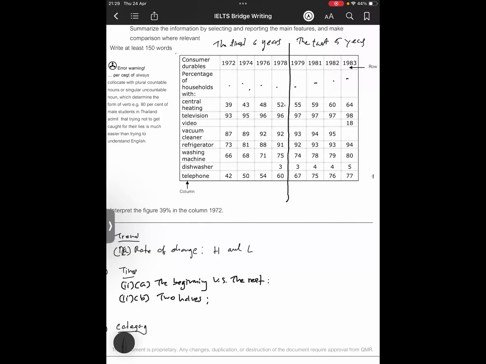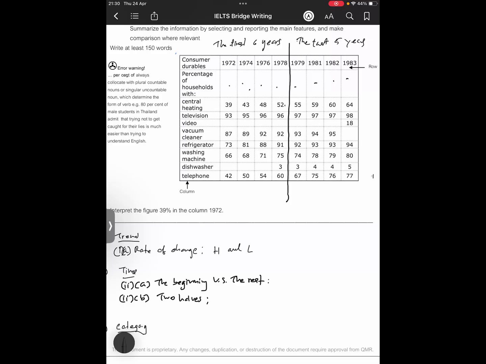All right, and then we can say that telephone and central heating were not that popular. But we can also talk about video and dishwasher, that they did not exist. Video, for example, didn't exist in this period at all, whereas dishwasher just emerged in 1978. So those are the things we can talk about. We can also talk about the change in the figures. Now it is quite obvious that central heating underwent what?